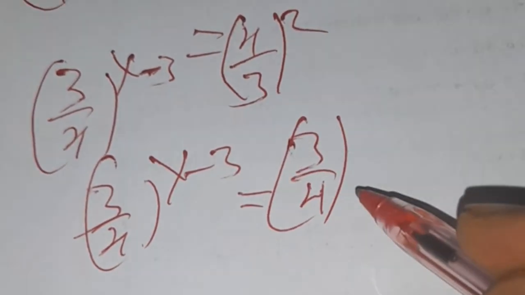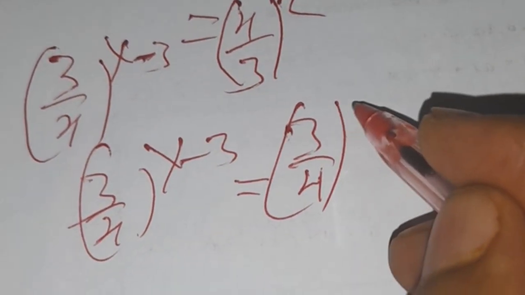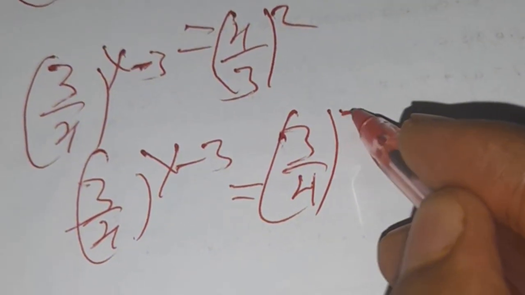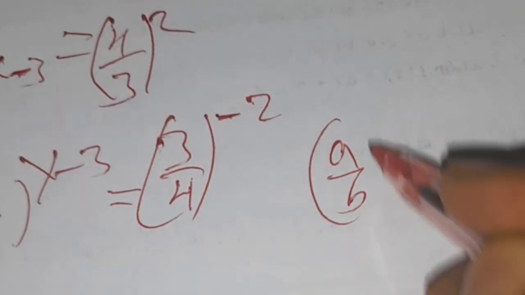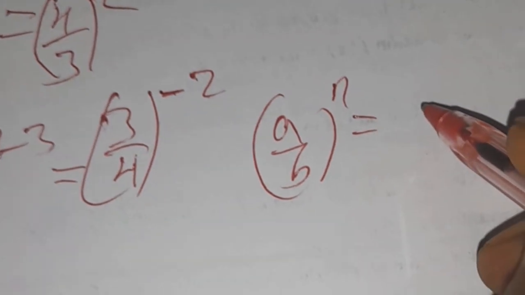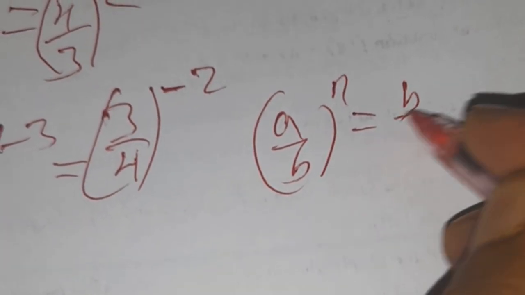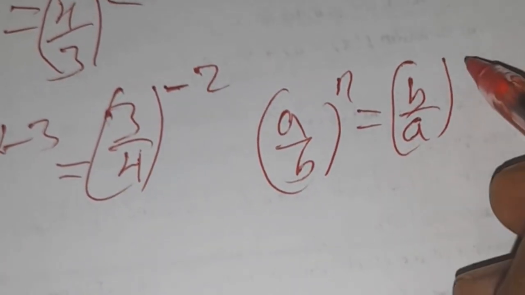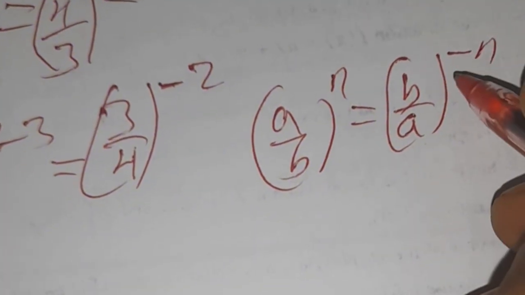Now the two bases are the same, but the exponent is multiplied by negative, therefore minus 2, because a over b to the power of n is always the same as b over a to the power of what? Minus n.